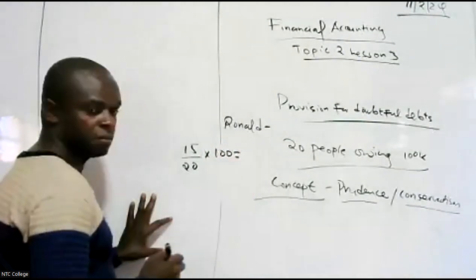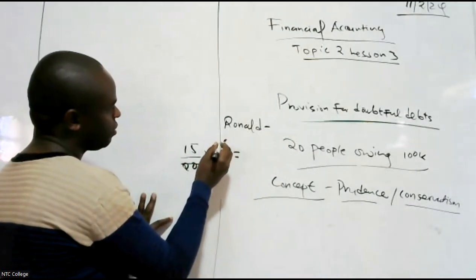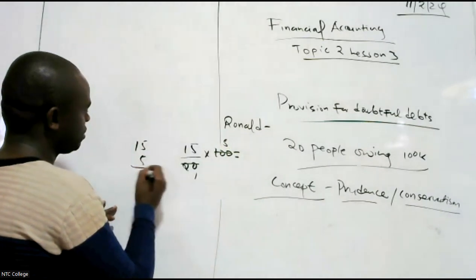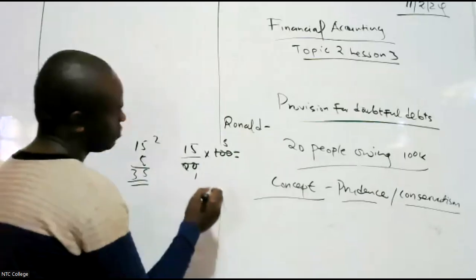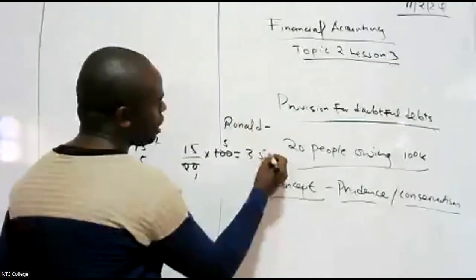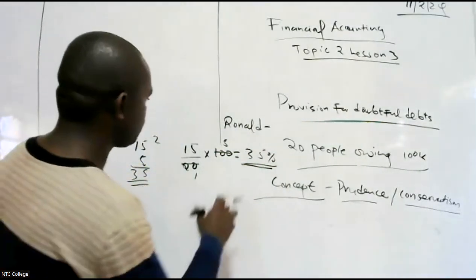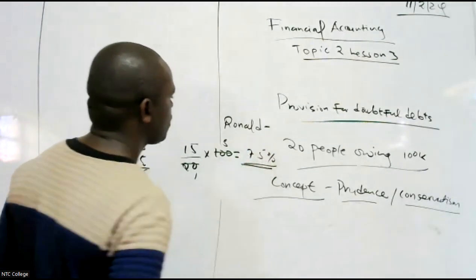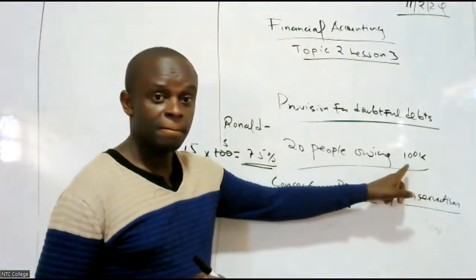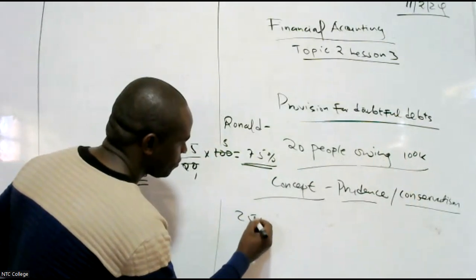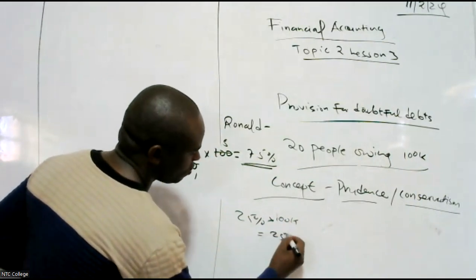What's the percentage? 75%. So according to Ronald, 25% will not pay back. So now get me 25% of 100K. It's how much? Yes, 25,000.